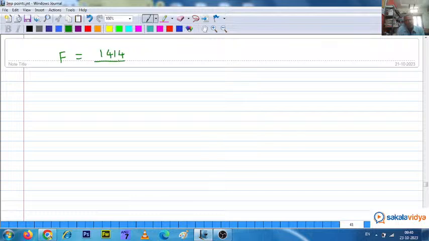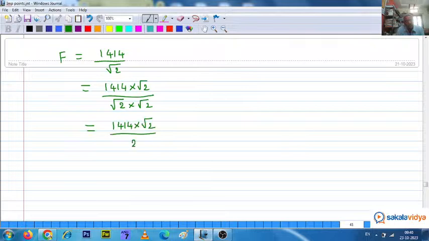1414 by root 2. Already we studied the technique. So rationalize. So rationalize means actually here 1414 times multiplied with root 2 times root 2. Then what do we get now? So this is 1414 times root 2 by 2.